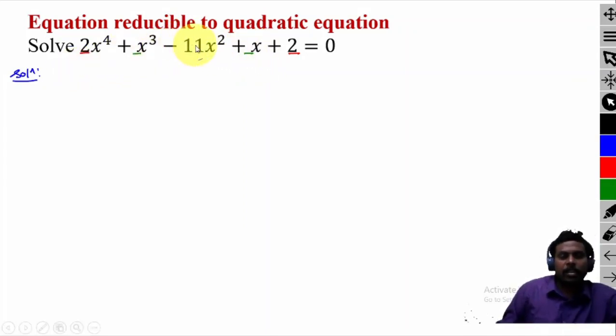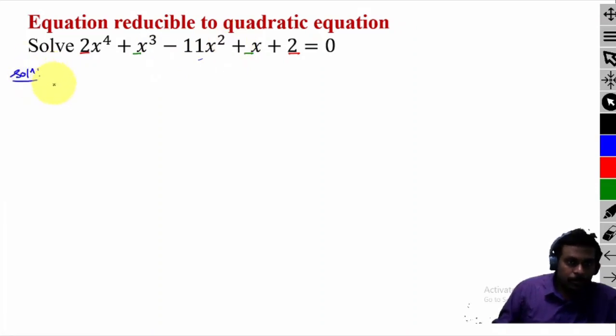The middle one, there is no comparison. Now if the equation is of this form, then only we are able to solve this equation of degree 4. Now let us see how we are going to solve this equation.